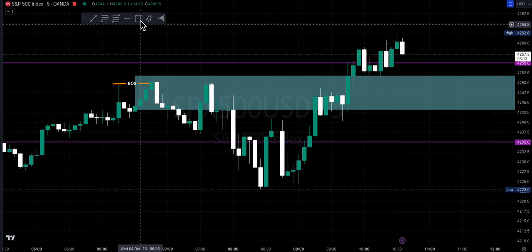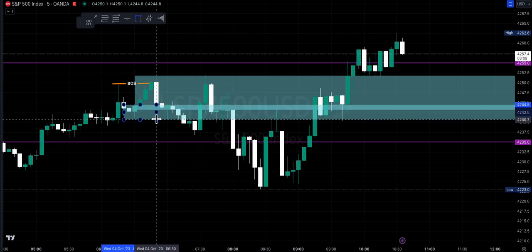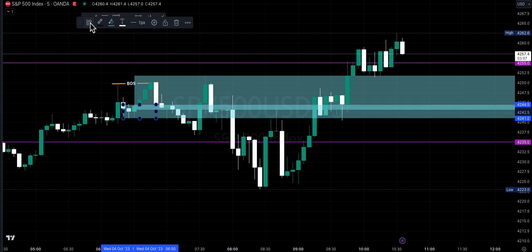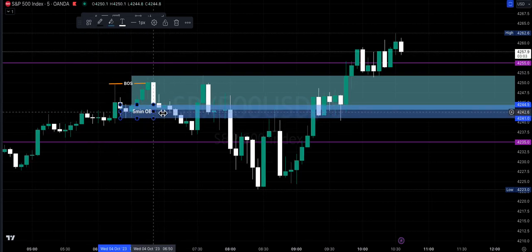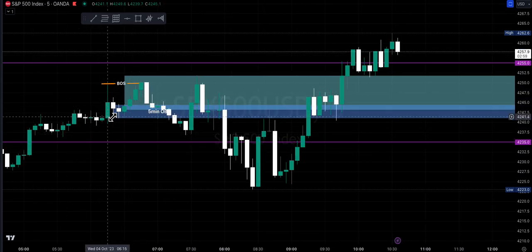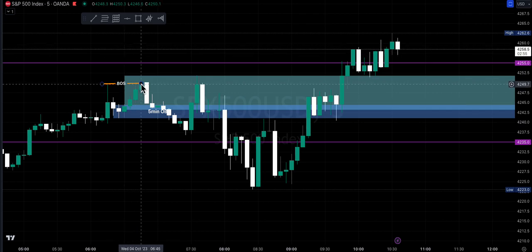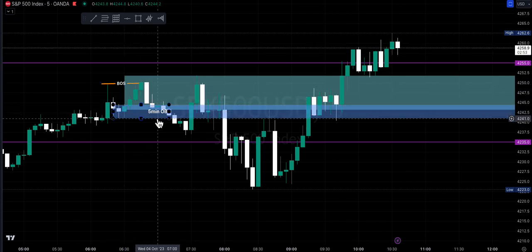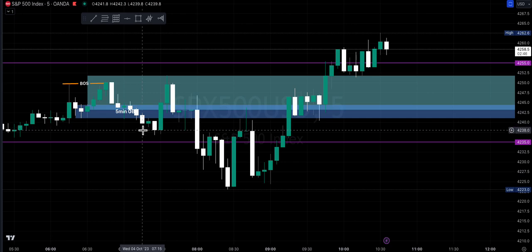That means we established a 5-minute order block here. All right, and that is a bullish order block. So what happened? Price made a break of structure, came back to this order block, attempting to push up, but remember this was pre-market.